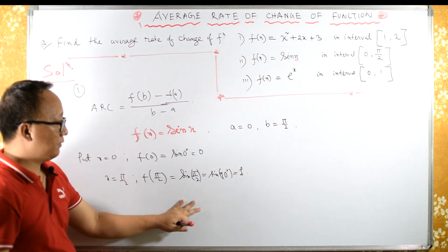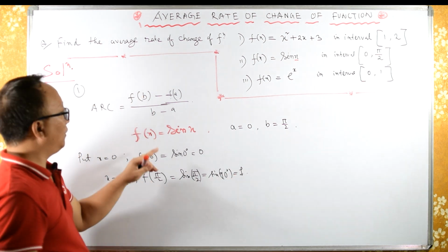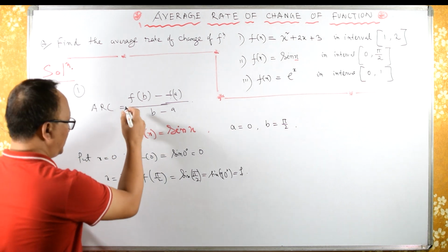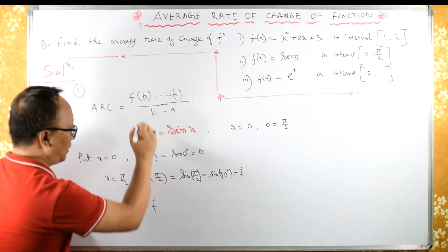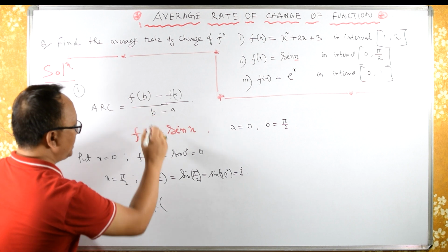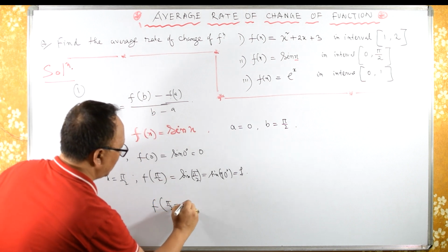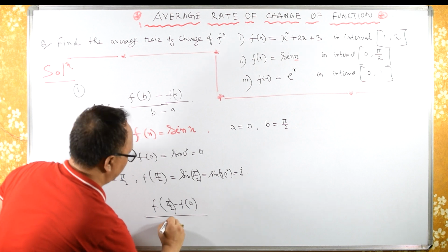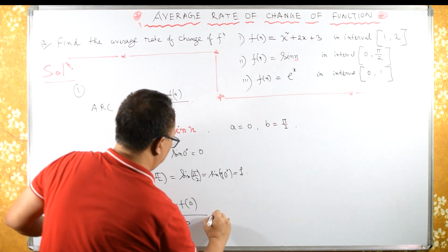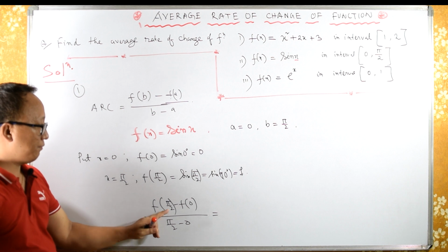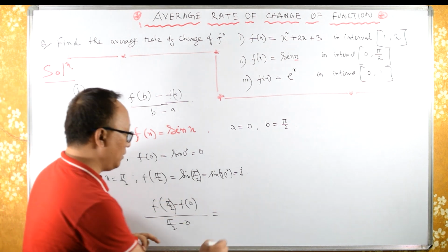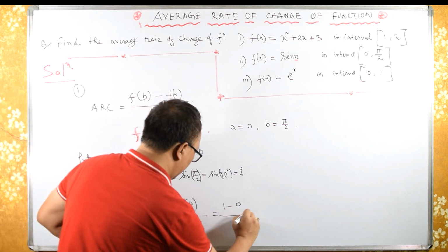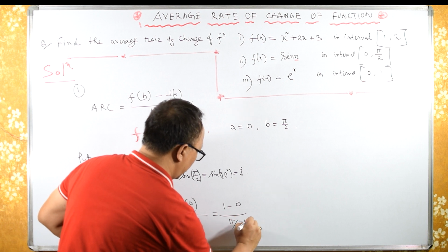Therefore, by applying this formula, we have f of pi by 2 minus f of 0 upon pi by 2 minus 0. f of pi by 2 is 1, so 1 minus 0 upon pi by 2 minus 0.